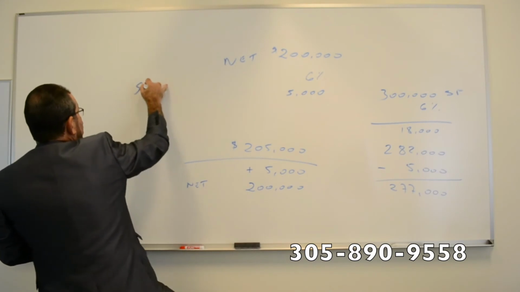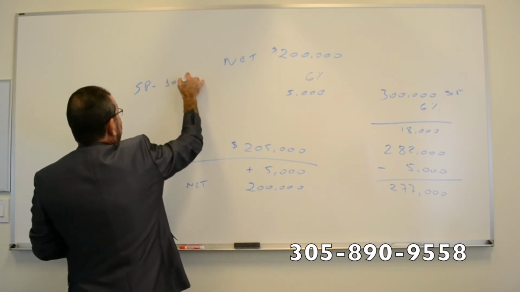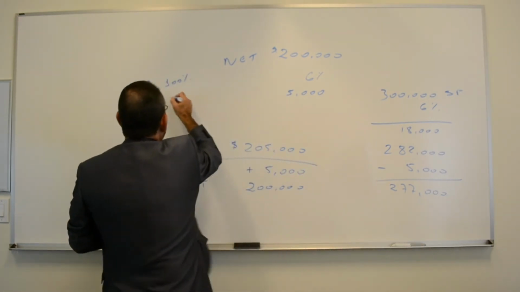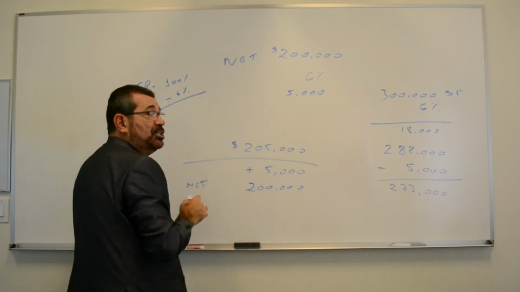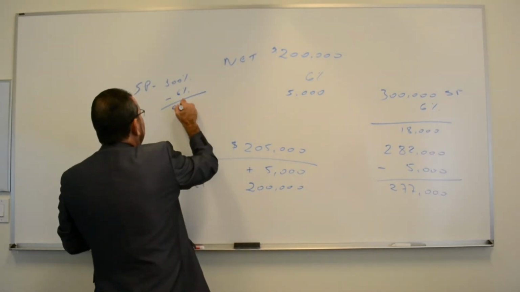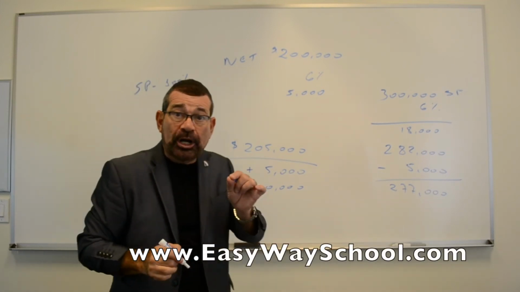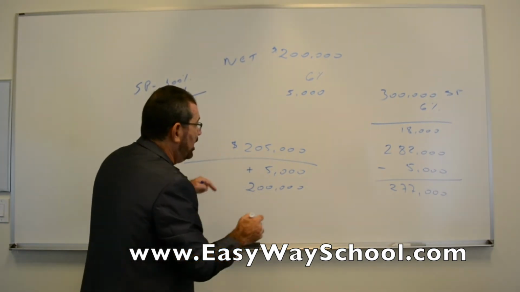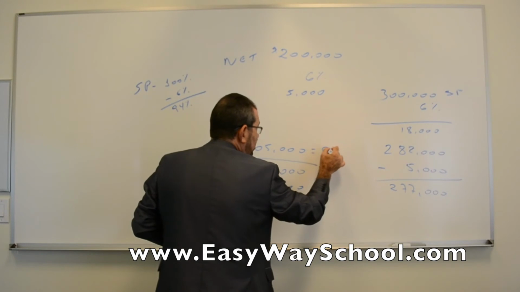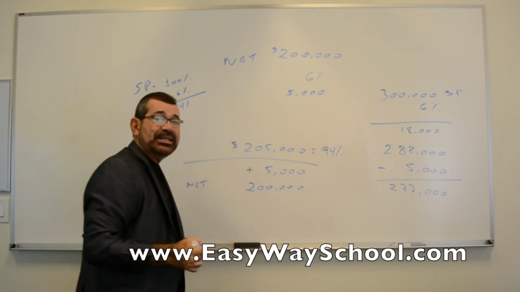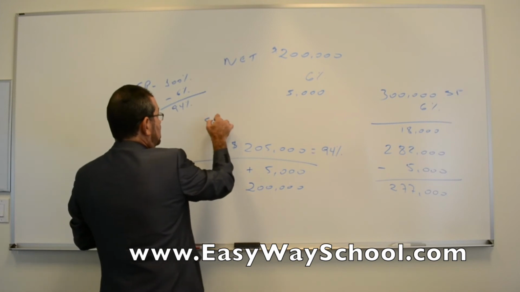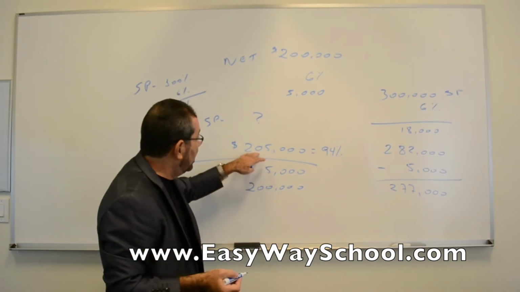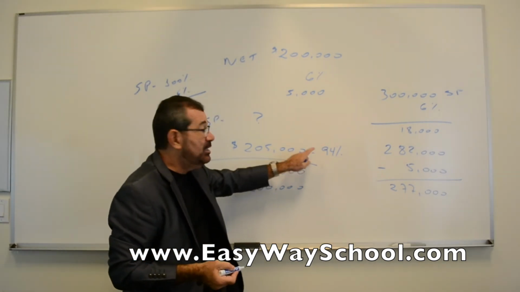Now I have $205,000. Now let's understand this. The sales price is 100% of the sale. You need to subtract your 6%, which is your commission. That will be 94% before closing cost. So that means that 205 is 94% of my sales price. My sales price I don't know, but I know that 205 is 94% of this.